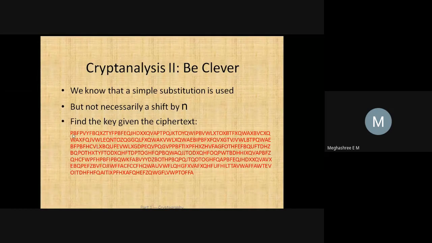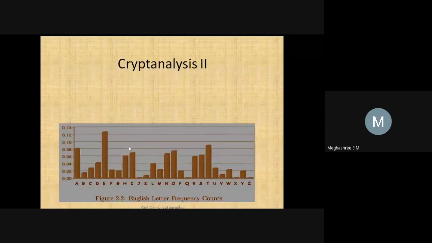Consider this is the ciphertext that is given to you, and you will be asked to find the key. If this is the ciphertext, it is difficult to follow, as I said, the 26 factorial possible keys, right? So in this kind of problem, what will the attacker do?